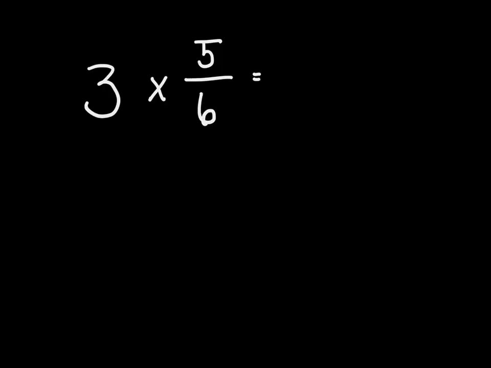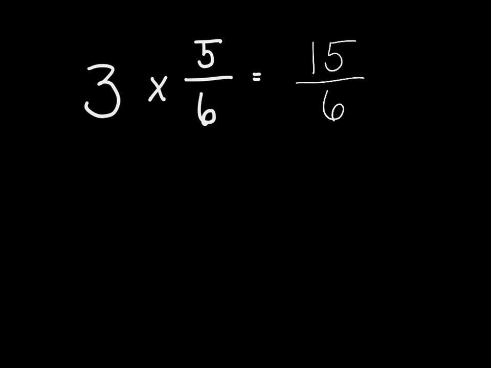Next one, 3 times 5/6. Well, 3 times 5, that's going to give us 15, and the denominator stays the same, 15/6. Now, if we want to make sure we don't keep it as a fraction greater than 1, an improper fraction, we can pull out those wholes, right?